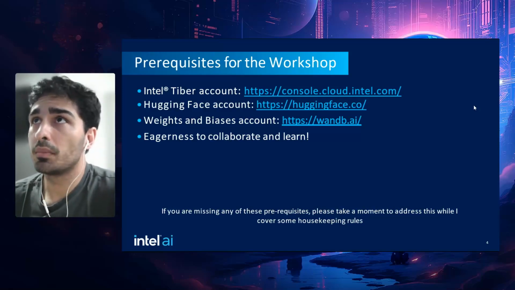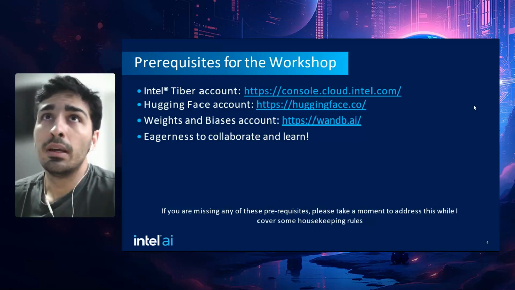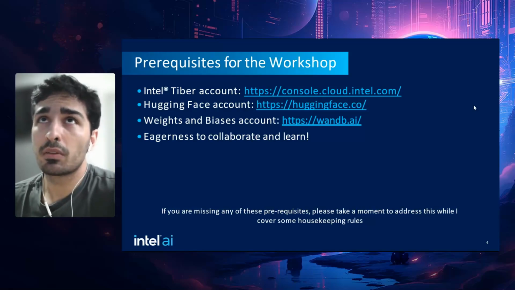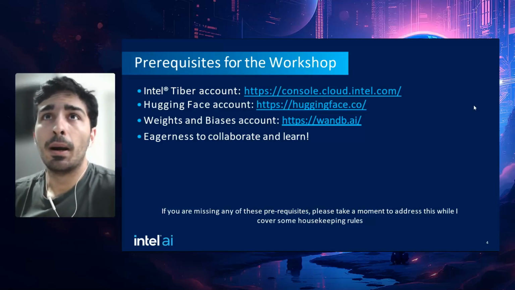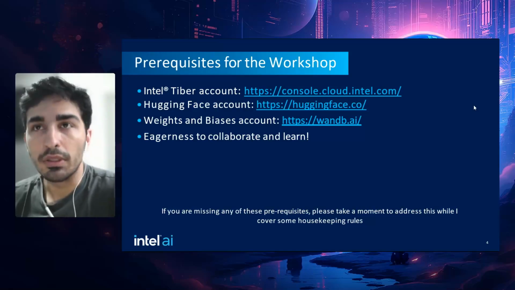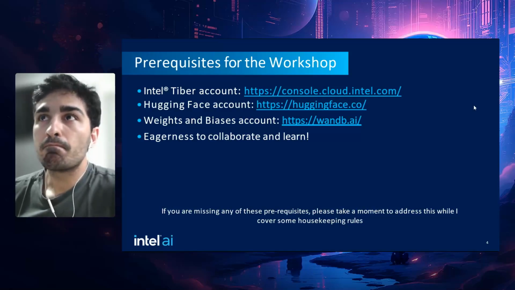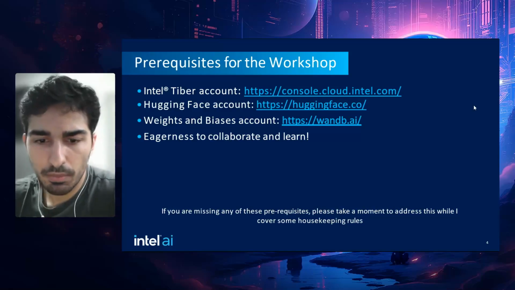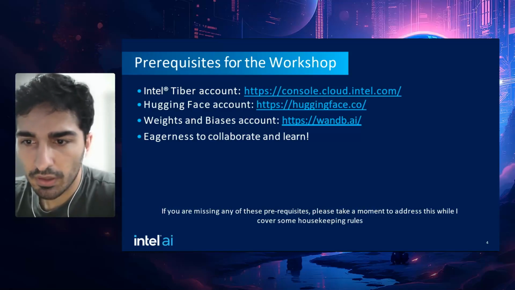I'm gonna leave some time for you guys to copy all the addresses. The first one is the Intel Tiber account. Then you're gonna have a Hugging Face account if you don't, and also a weights and biases account for us to keep track of the trainings that we are gonna do. So maybe let me know in the chat if I can skip the slide, or if I should give more time to copy the addresses.